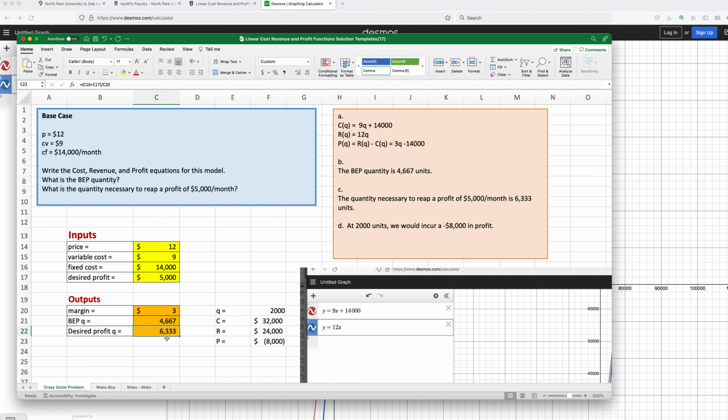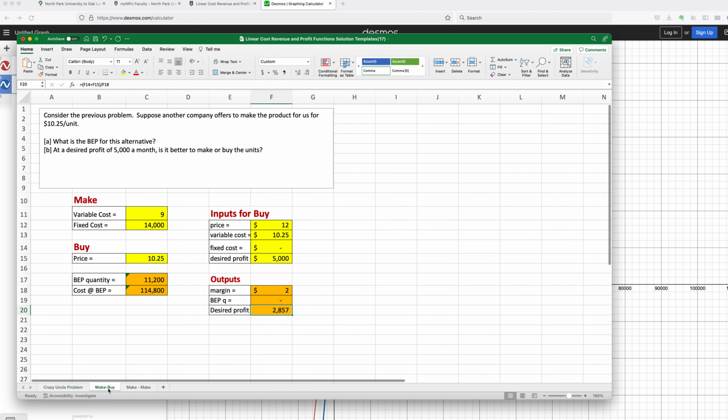Now, the other thing that I did here was I copied this and put it right here. It maintained all the formulas in here. So I just changed the label a little bit. Now I could make another text box and answer all the questions here if I wanted to have it in full sentences. What is the BEP of this alternative?